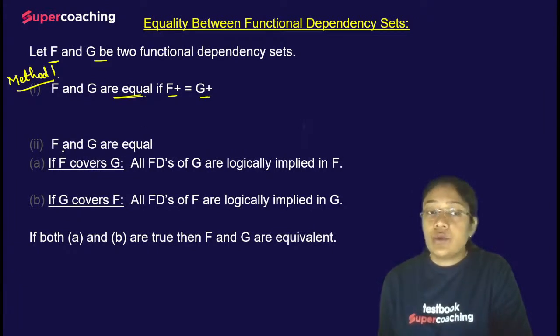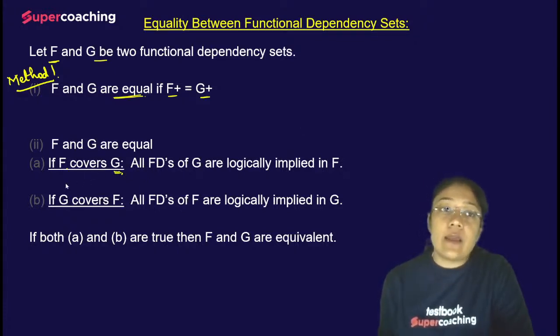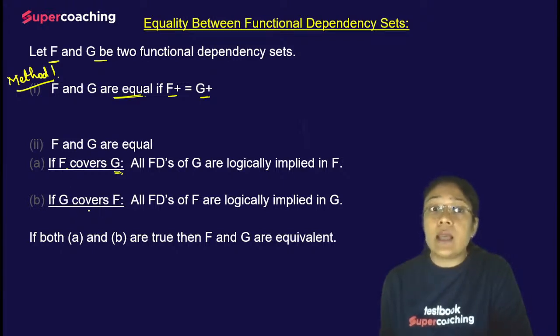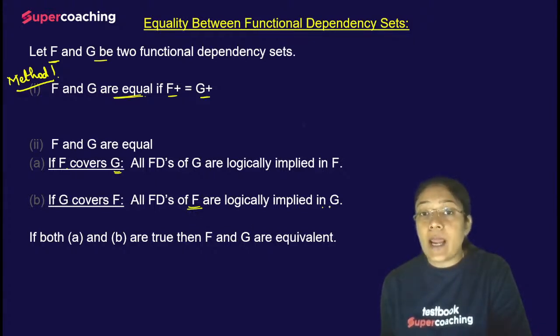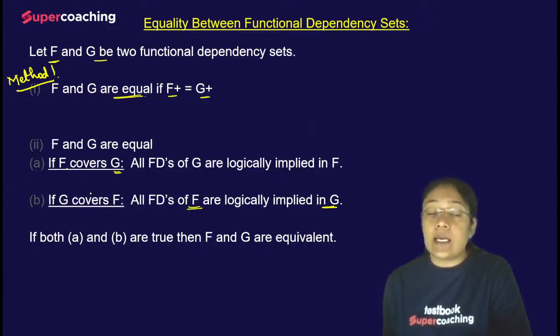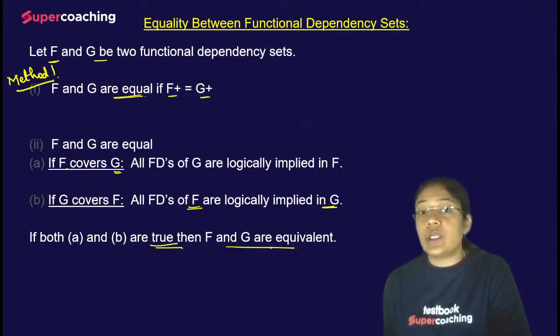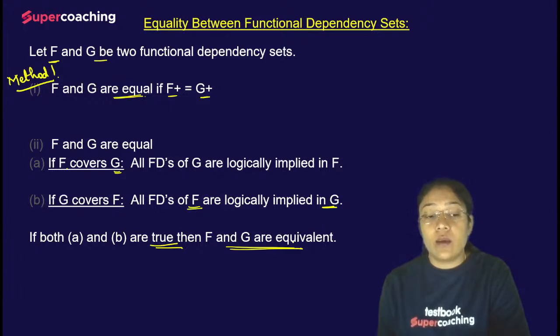So there are two cases. If F covers G, meaning all the functional dependencies of G are logically implied in F, and G covers F, that means if all the functional dependencies of F are logically implied in G, then we will say that if both of these conditions are true, then we can say that F and G are equivalent. Make sense?